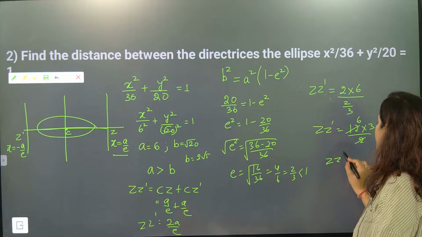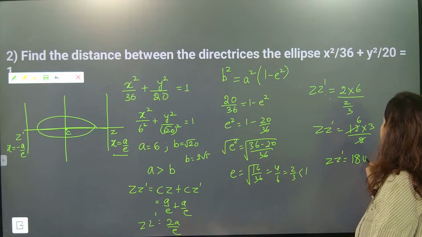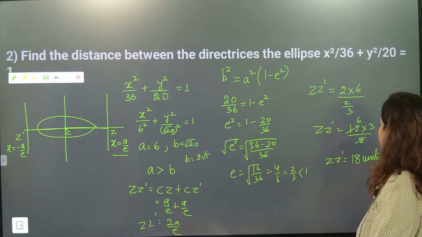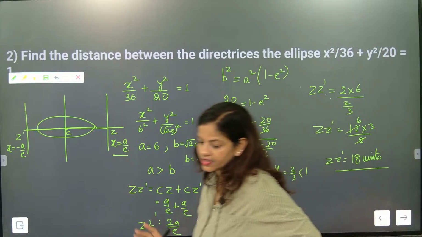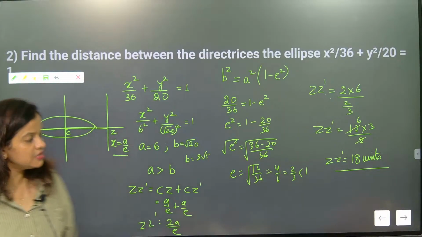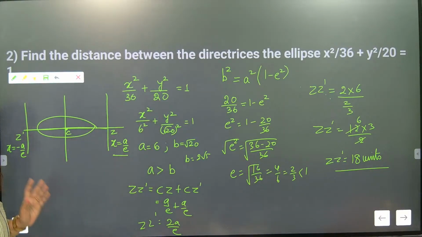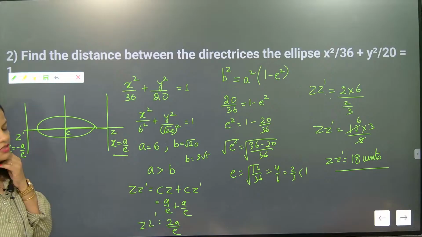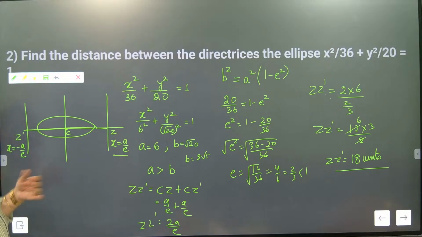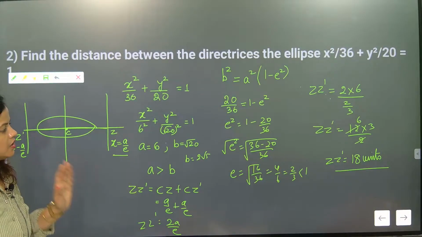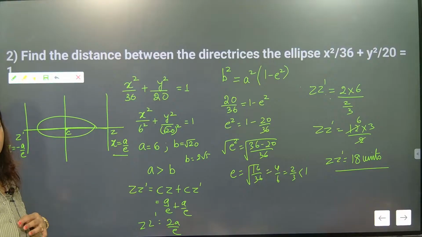So ZZ dash is equal to 18 units. They ask distance, so the answer will come in units. The answer is absolutely correct. So this is the way to solve the question. So definitely the answer here is 18 units.